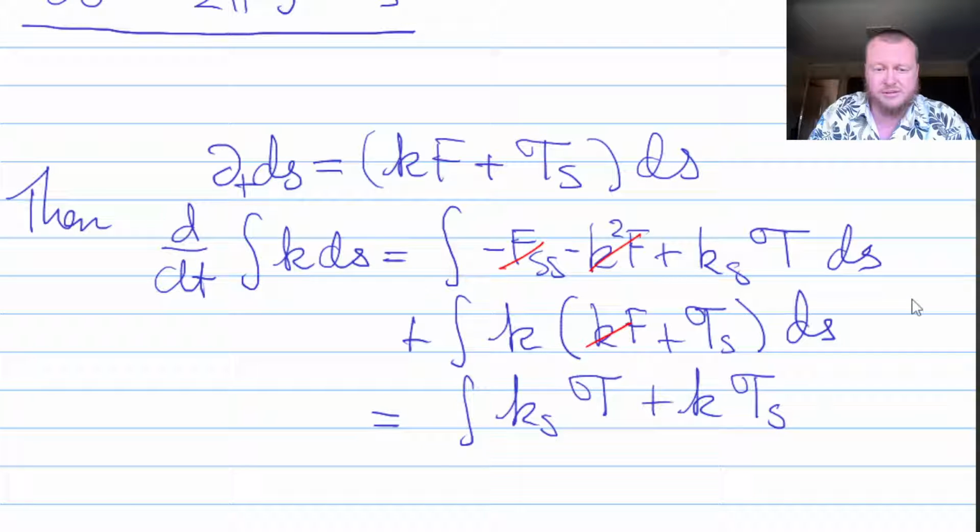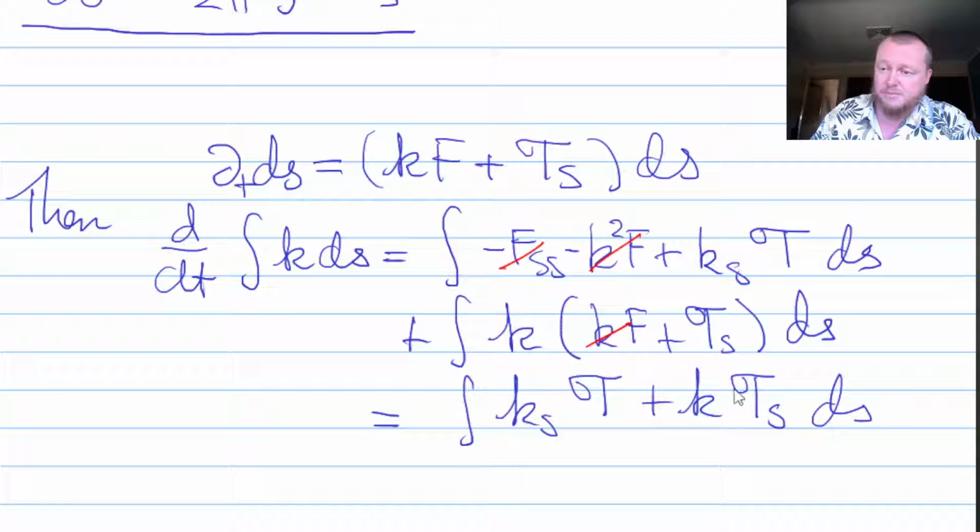But look at this little mathematical miracle that has just occurred. I can integrate by parts and move this s derivative from here onto the k. And if I do so, I pick up two extra terms. That's my price to pay. The first price to pay is going to be k times t on the boundary. That will be 0 because t vanishes on the boundary.